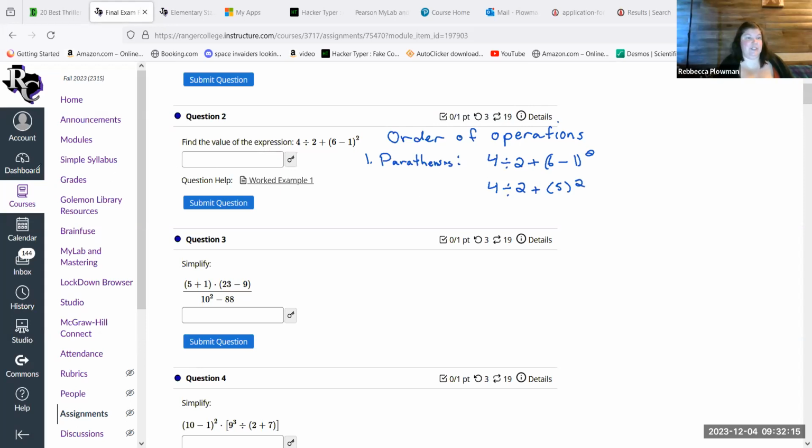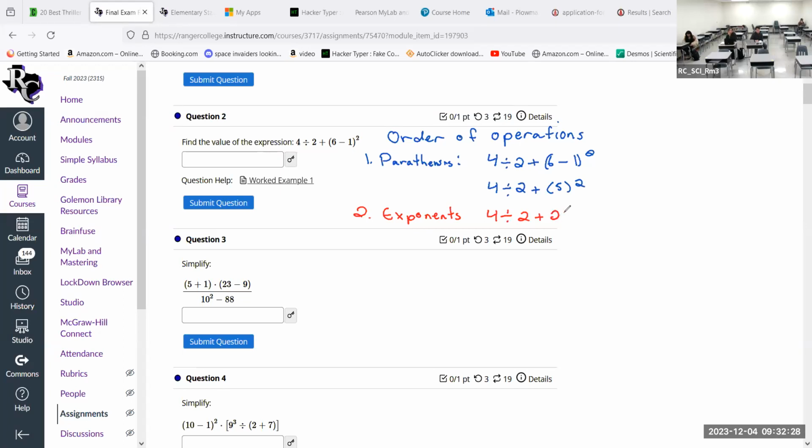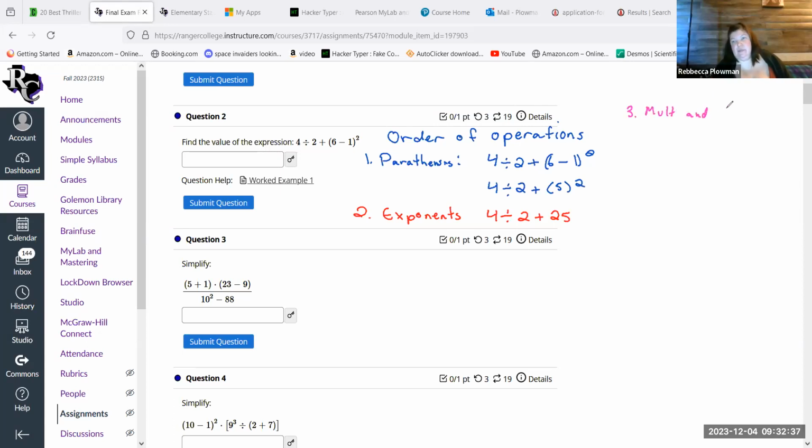So then the next part was exponents. So we try to deal with exponents. Then after exponents was multiplication and division. Though it doesn't really apply to this one, I just want to point out that when we do multiplication and division, the first one we do is from left to right.